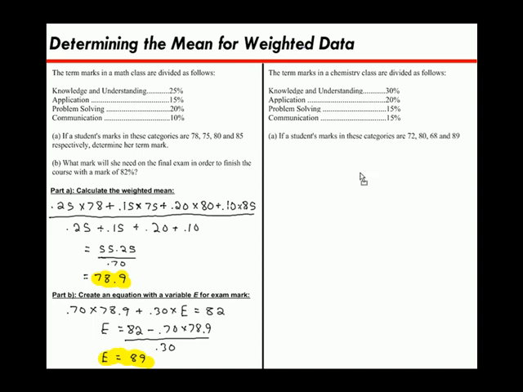And then in A it asks, if a student's marks in these categories are 72, 80, 68, and 89 respectively, determine his term mark. And then in B, what mark will he need on the final exam in order to finish the course with a mark of 80%? All right, so try that out, A and B, using the steps that I showed you right here for finding a weighted mean. I'll post a solution when you're ready.